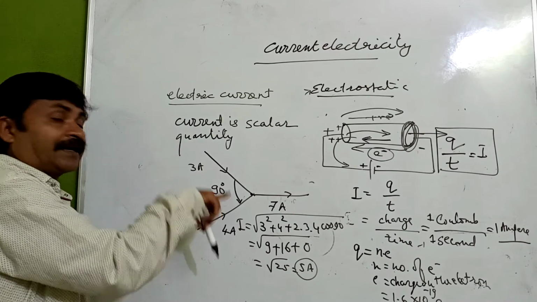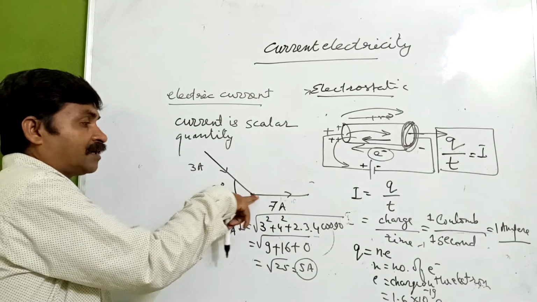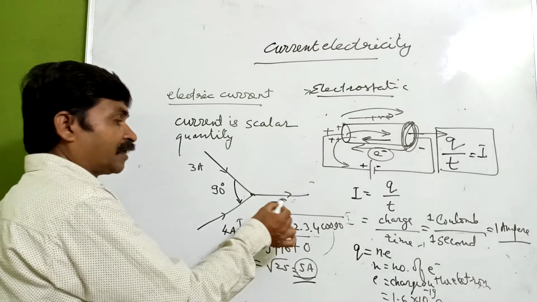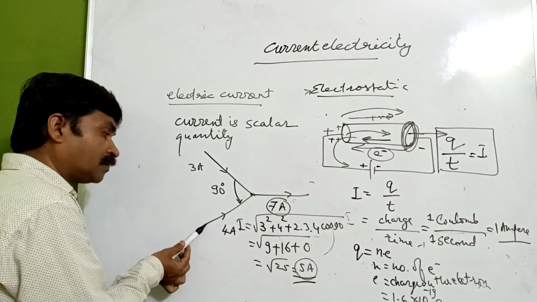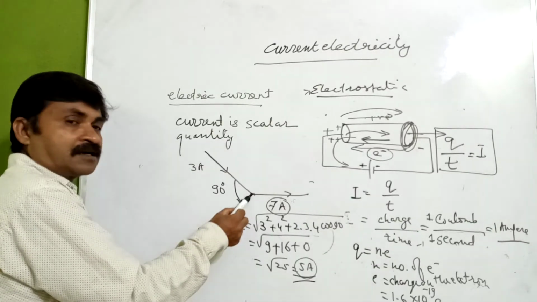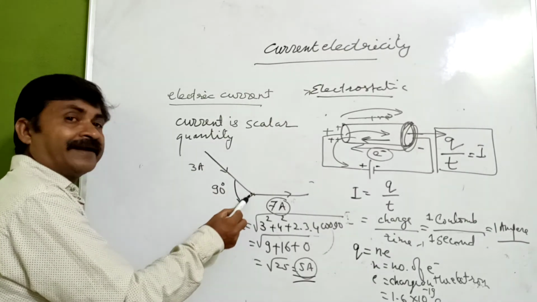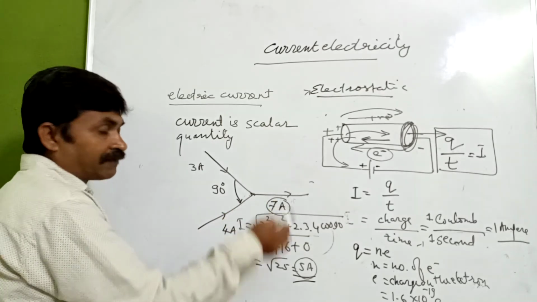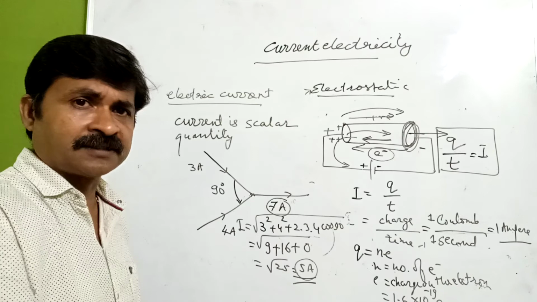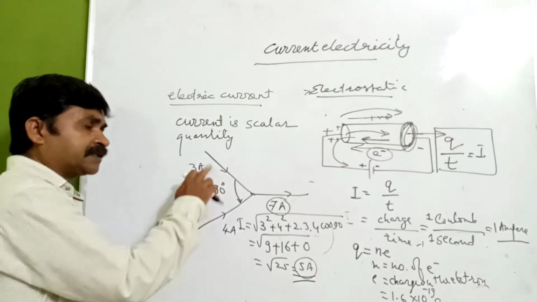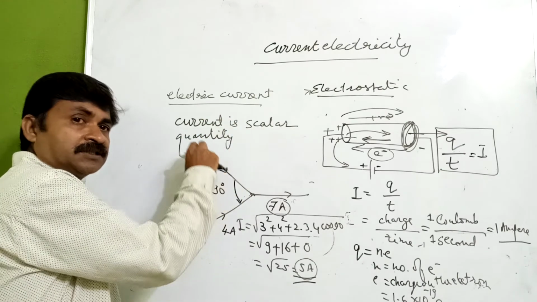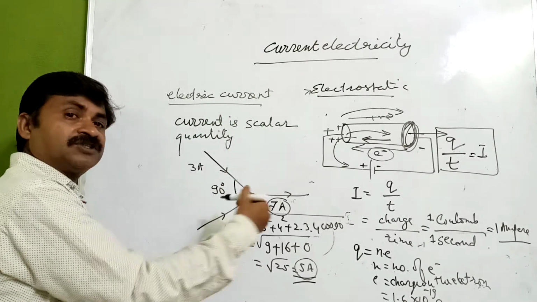Now if we treat it as a vector, the resultant must be 5 ampere. But here we are getting a value of 7 ampere, because both are incoming currents and they get added. There is another law which we will discuss later on, Kirchhoff's current law. It states that the incoming current at a junction is equal to the outgoing current.